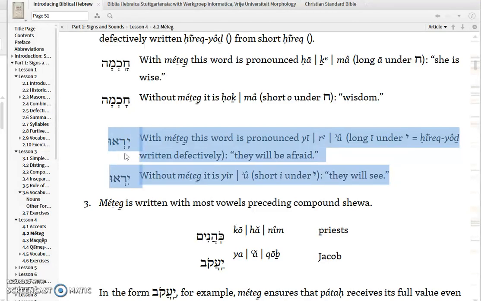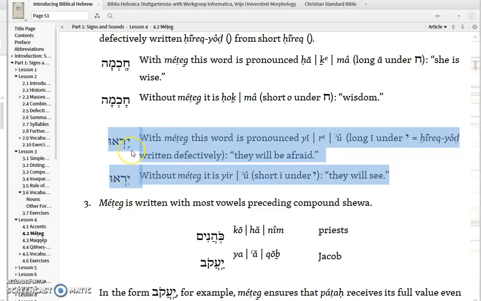That's a way of saying that that should be interpreted as a vocal shavah. So it's yira'u. That happens to mean they will be afraid. But then the form without the metheg should be pronounced yir'u, which means they will see.